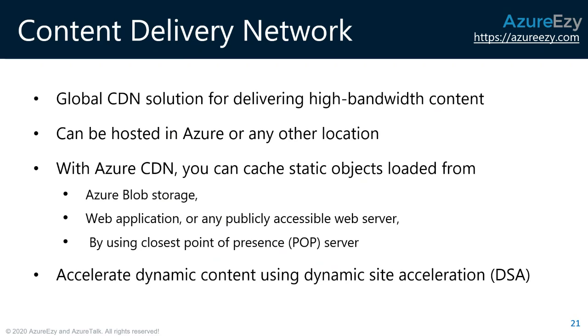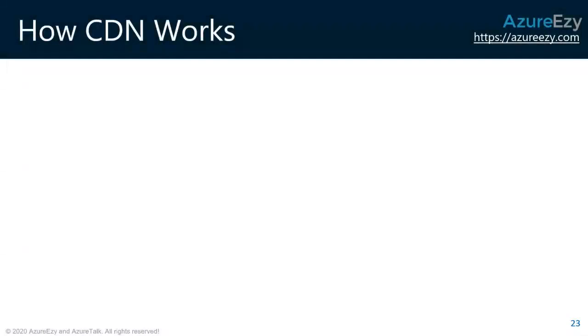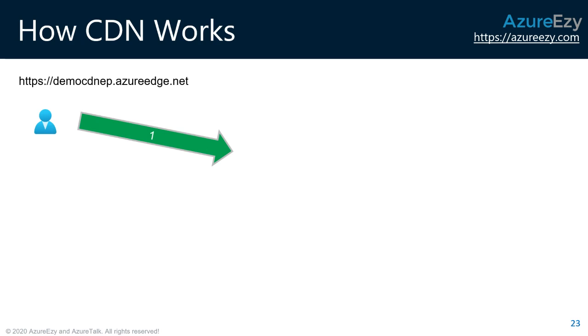Now, whatever we have discussed about this content delivery network, let's see how it actually works. Let's see this with this diagram. For example, I have one user who tries to access one website. How will your CDN work? You create one CDN service in Azure.